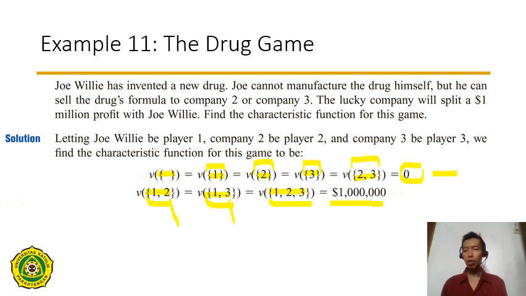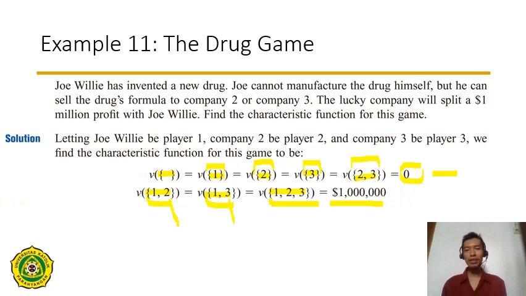Similarly, if all players in this game form a coalition, 1, 2, 3, then the profit that they receive in total equals $1,100 because Joe has the recipe, and then both company 2 and company 3 have the ability to manufacture the drug.